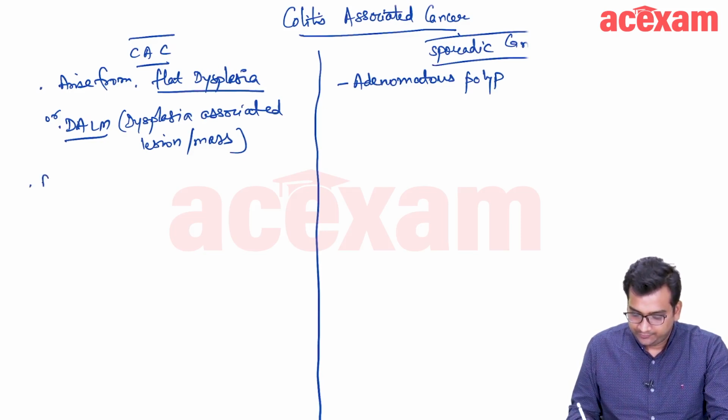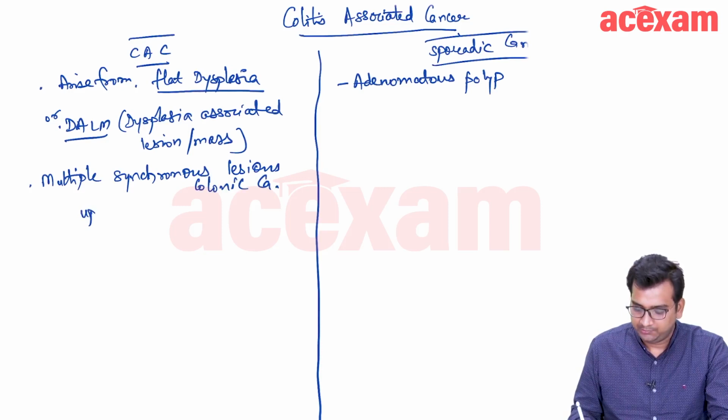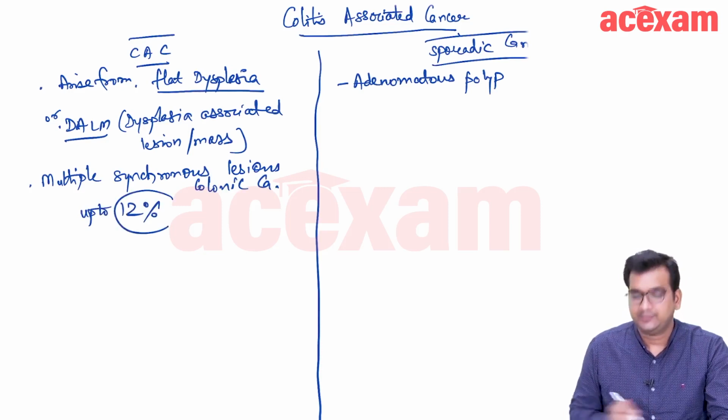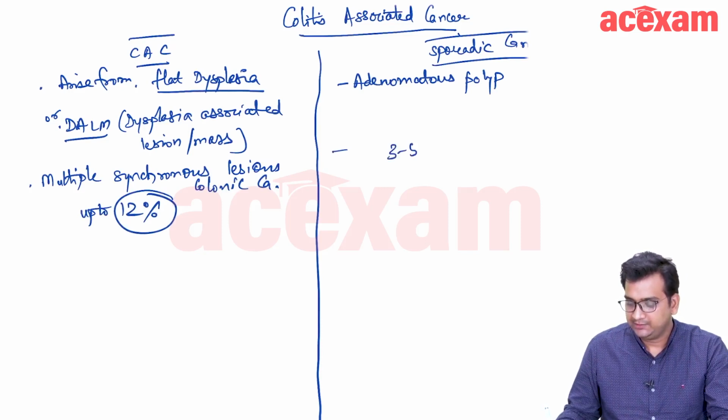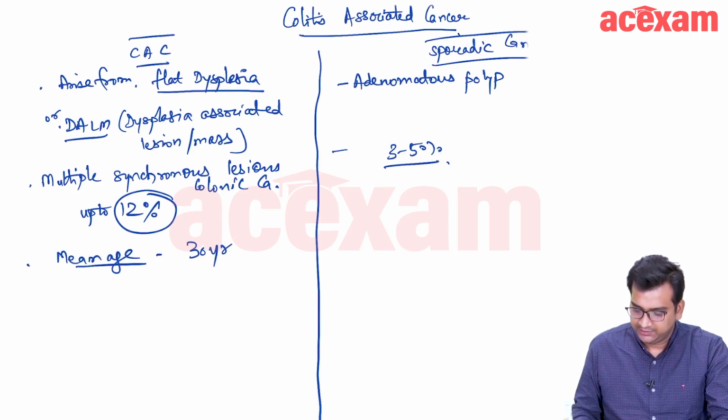Now, there are multiple synchronous lesions or multiple synchronous colonic cancers, which is seen up to 12% in colitis associated, whereas in sporadic it is 3 to 5%. Here the mean age is 30 years, here it is 60 years.